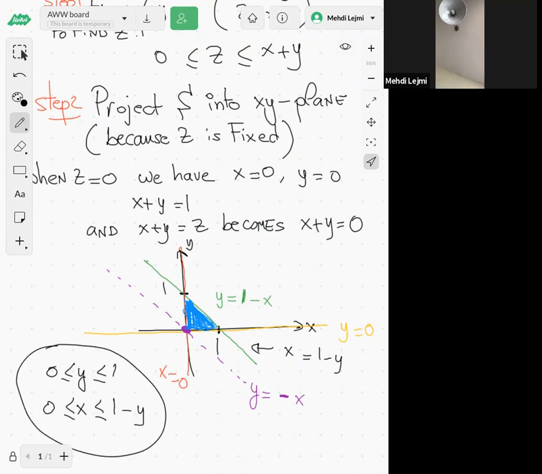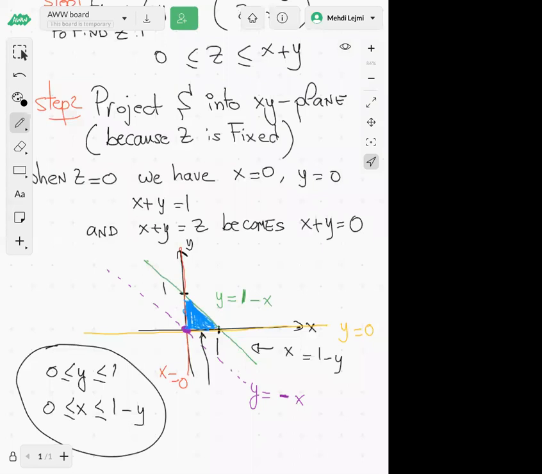So I've just described this triangle here, right?